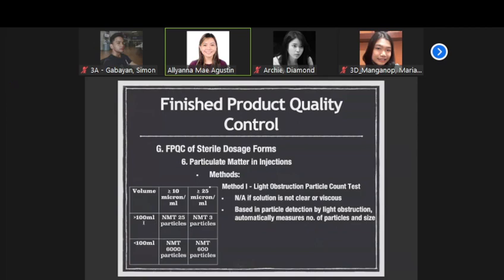Dapat kung greater than 100 ml ang volume, ito yung number of particles na dapat present lang. So kung ganito ang size ng particle, dapat ito yung particles na pwedeng present lang. Pag mas malaki ang particle, mas konti dapat siya. Okay. Yan.